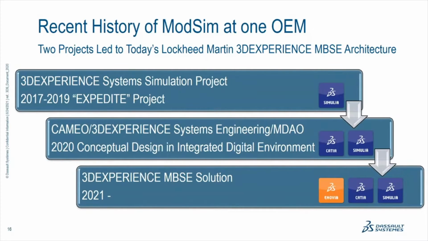So now we come to our current state in 2021. Lockheed Martin and other OEMs are now leveraging these critical capabilities in MBSE and simulation in new ways and with broader tool sets.